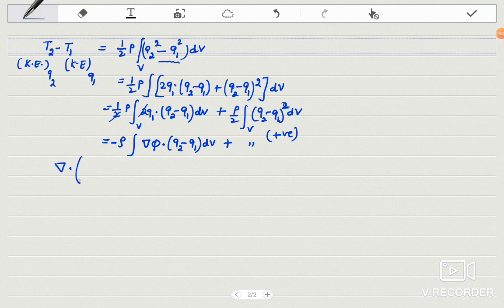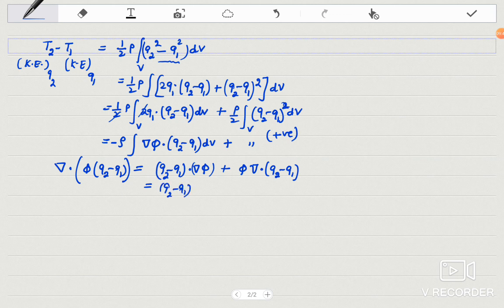If I operate delta on phi times (q2 minus q1), this will be (q2 minus q1) dot delta phi plus phi, which is a scalar, times delta dot (q2 minus q1).